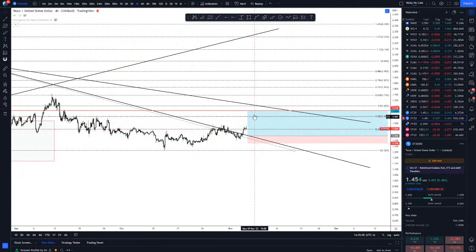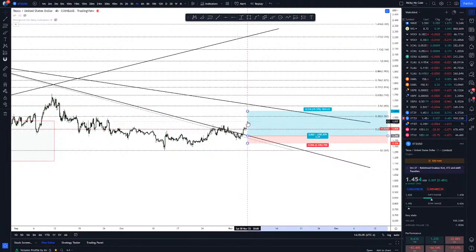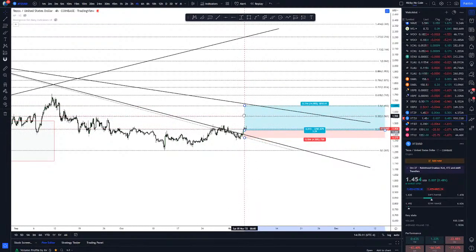You might just full send it up there, probably to that 0.5. I mean, we'll see if you get a pullback, but you could probably.